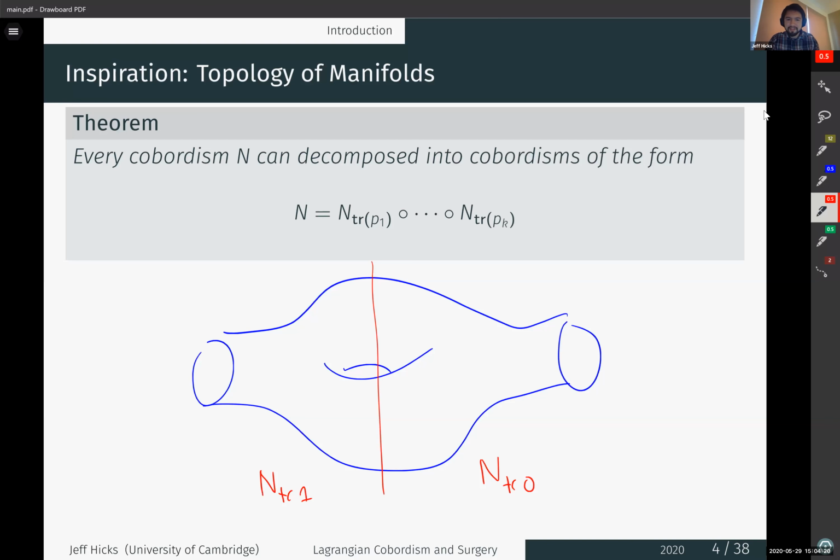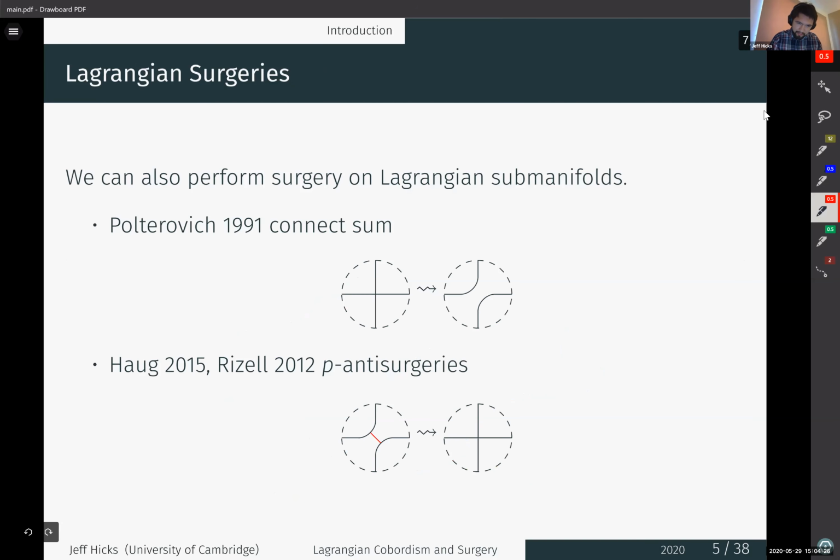What we're going to do in this talk is take these theorems and insert the word Lagrangian everywhere. That requires some explanation. There's a notion of surgery on Lagrangian submanifolds, which come roughly from two different sources. The first one is Lagrangian connect sum, which was introduced by Polterovich.